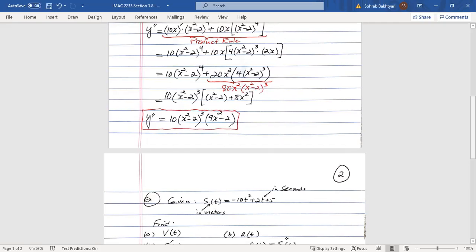So this is a real simple problem. Okay, so here's your distance of an object traveling, okay? It's given as a function of time, s of t, as negative 10t squared plus 2t plus 5.